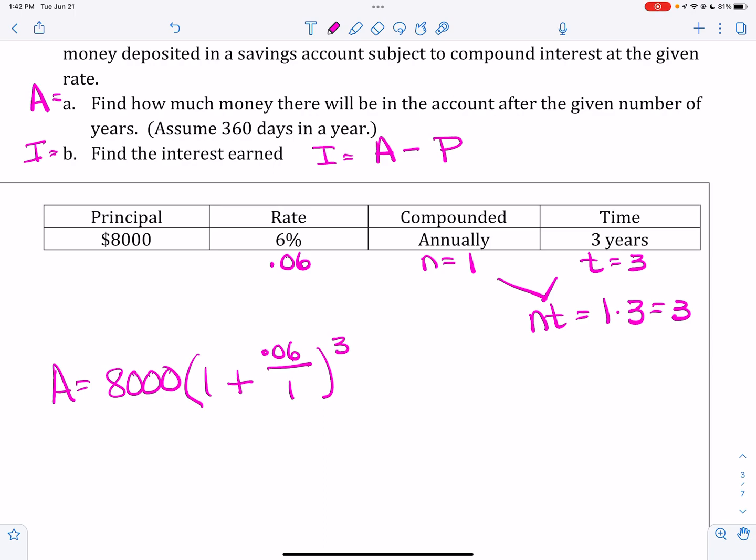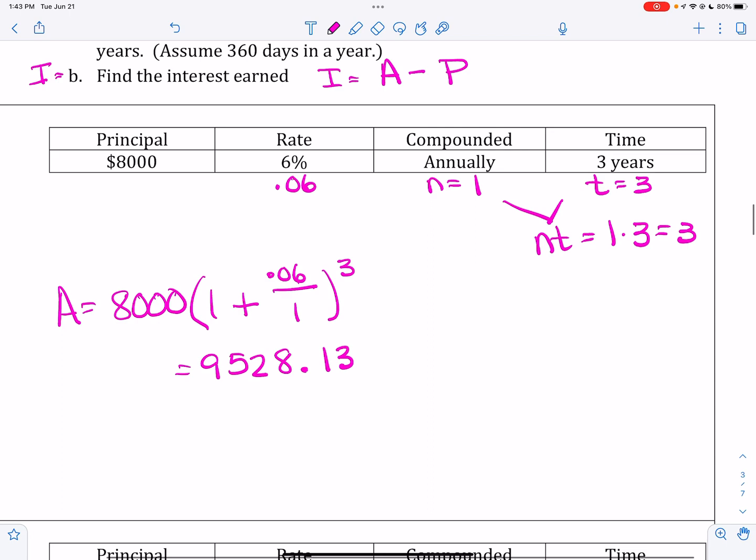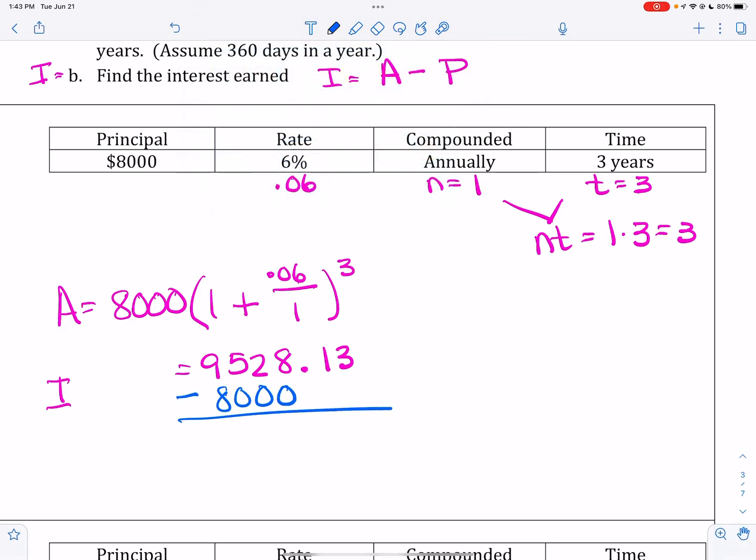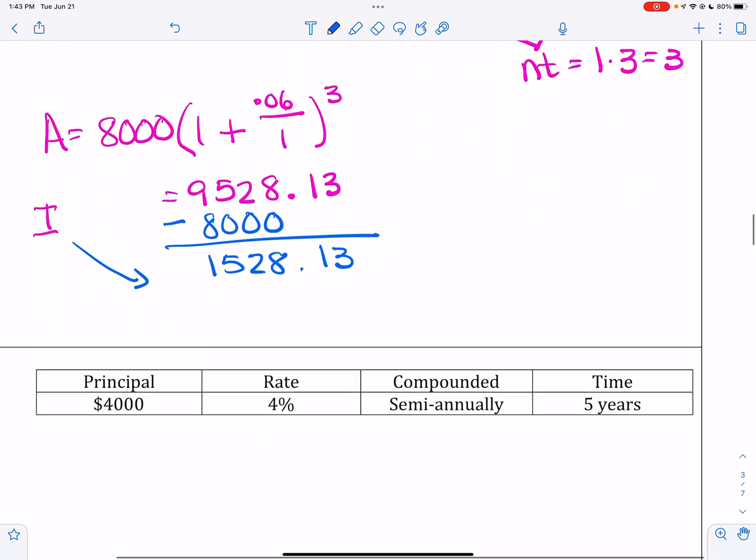So as I enter this in my calculator, I am going to get 8,000, $9,528.128, which will round to 13 cents. And then my interest, I simply take and subtract the $8,000 that I invested, and that says I earned $1,528.13.